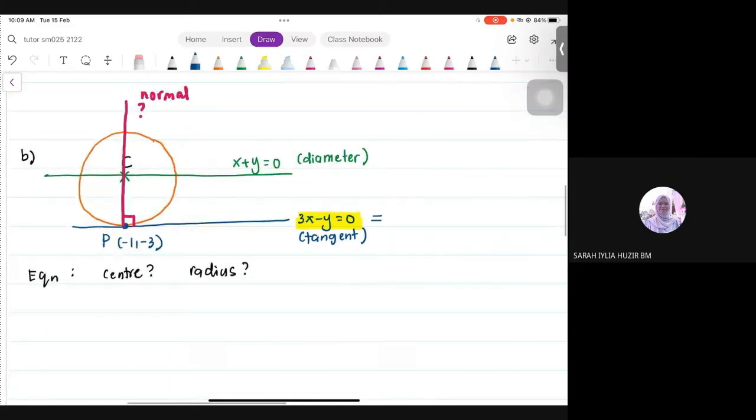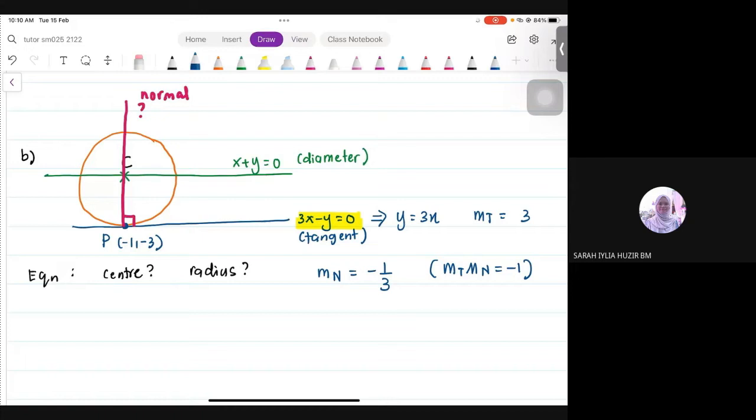So kalau saya rearrange back equation tangent y equal to 3x, gradient for tangent would be 3, means now gradient for normal would be -1/3. Kenapa? Ingat gradient tangent times gradient normal equal to -1. Ini yang kita belajar last week.